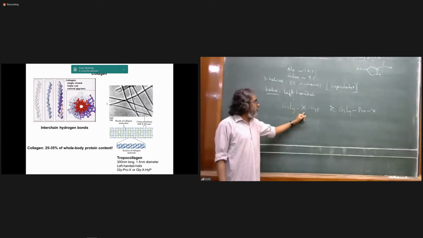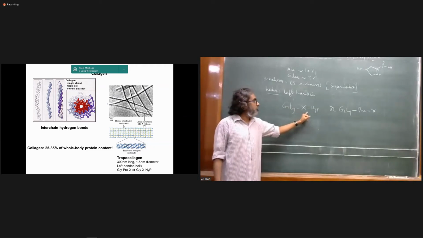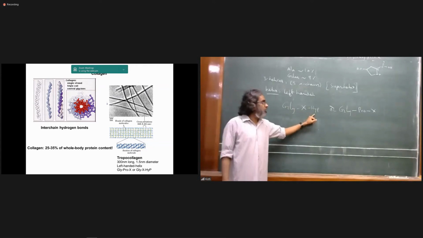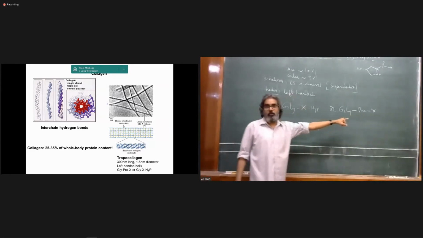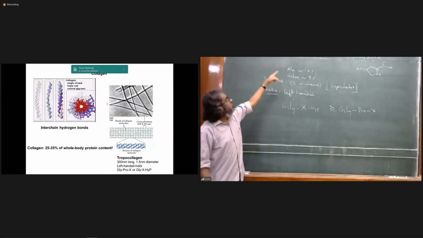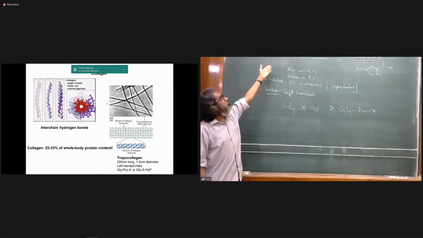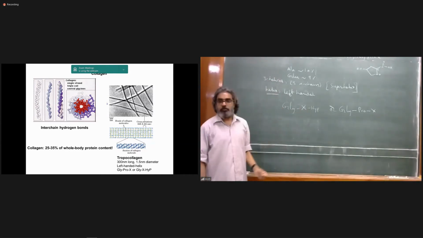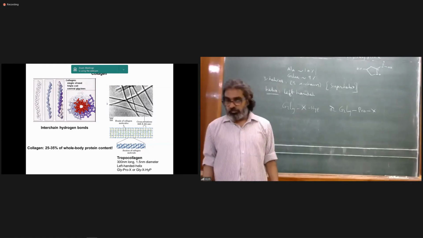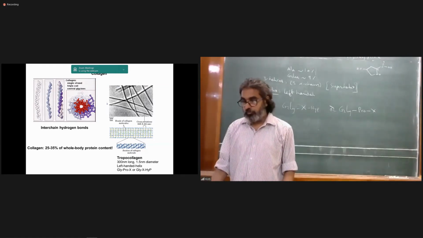So almost every third is fixed. If you put any other amino acid next, then you put immediately hydroxyproline. But if you put just a proline next to glycine, then you have any other amino acid. So it shows that you have very high glycine content and very high proline content. The remaining are less. So if you see this triple helix from the top, now you can understand why glycine is very important.